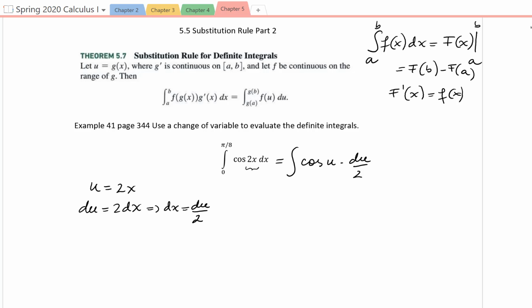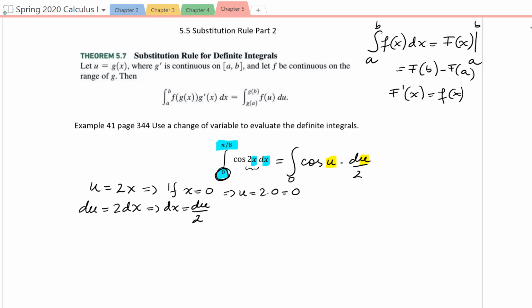Now as you notice, my new variable is u, right? So it's not x anymore. Here we had x, so x was going from 0 to pi over 8. Now u doesn't go from 0 to pi over 8 anymore. So how do I figure out u? Well, we're just going to replace in the substitution. If x equals 0, then u equals 2 times 0, which is 0.